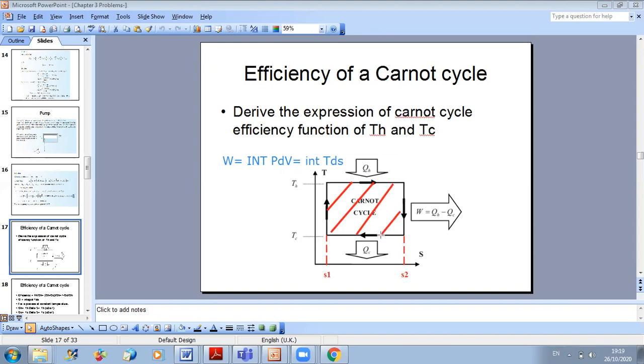Similarly, if I draw P as a function of V, the area inside the curve is also the work. So the work can be calculated graphically from a PV graph or from a TS graph. Here it is very easy to calculate the integral of TdS because it represents the area of a rectangle. W is the area under the graph, so the work of the Carnot cycle is equal to the area limited by the graph.